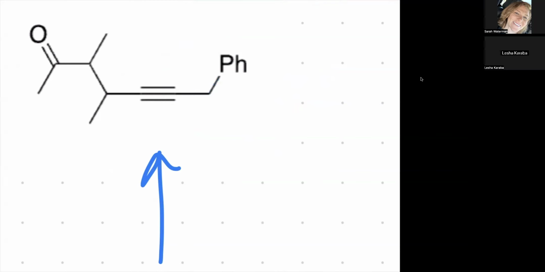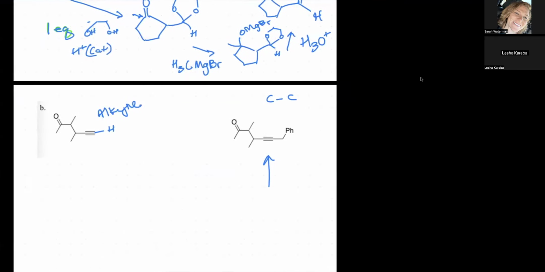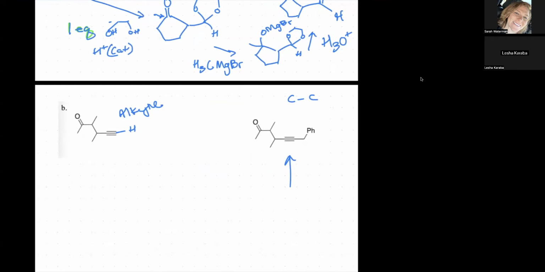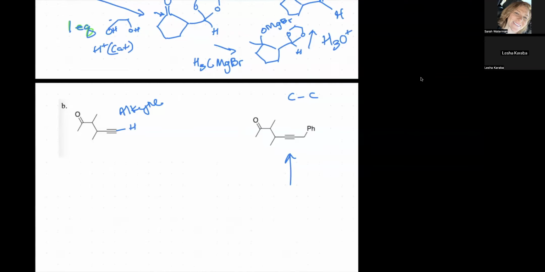So yeah, we're having this. So we need to have some sort of adding of our phenyl. This is what we're going to need in order to get that phenyl group on there, right?